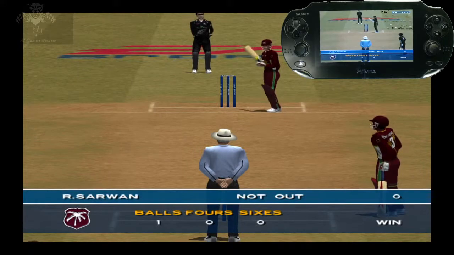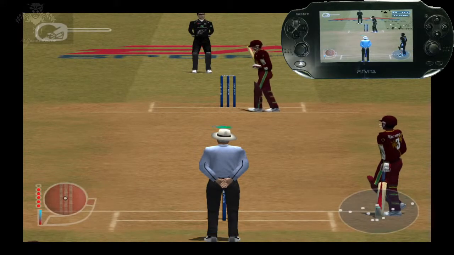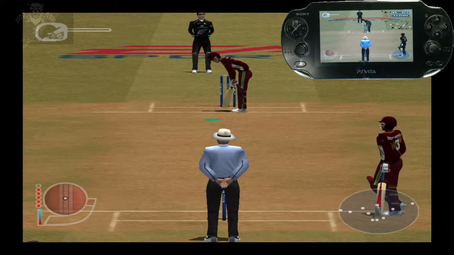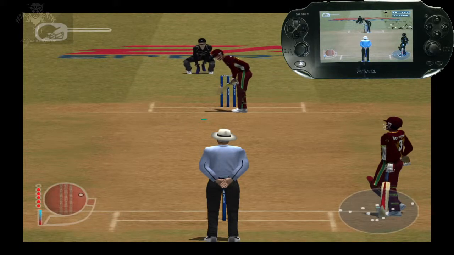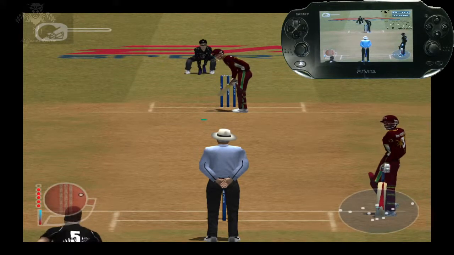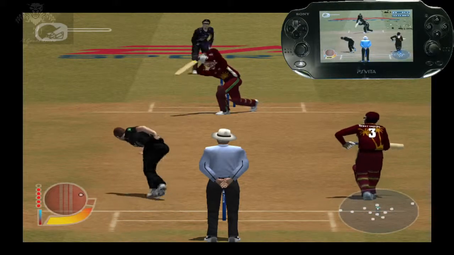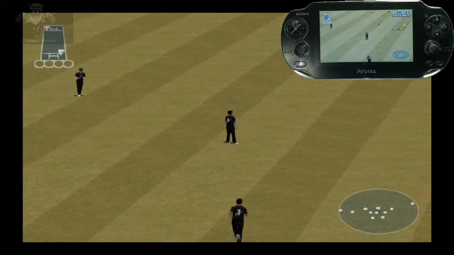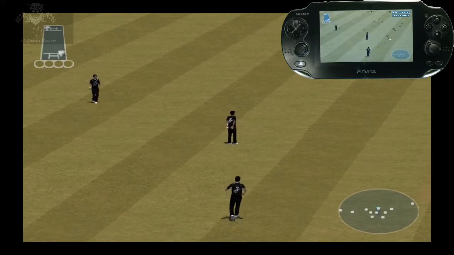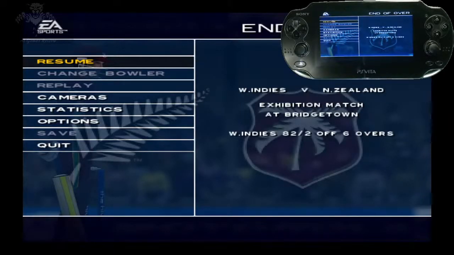Cairns to Sawan. Stopped in the covers. 4 overs are left in the innings.